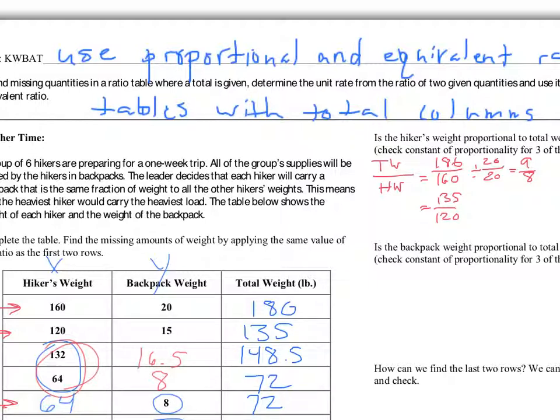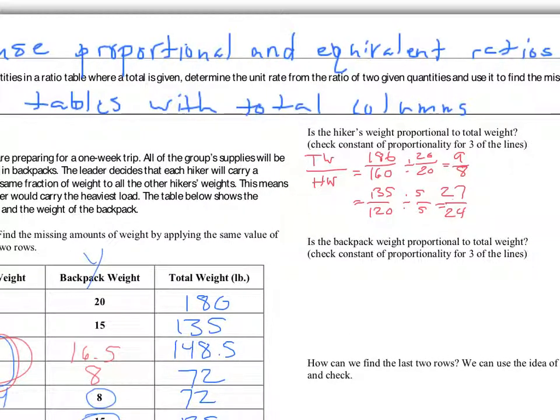This appears to be divisible by 5. Five over 5, and that's going to give me, sorry, let's try that again, 27 over 24, and these are both still divisible by 3, so when I simplify that further, I'm going to get 9/8.